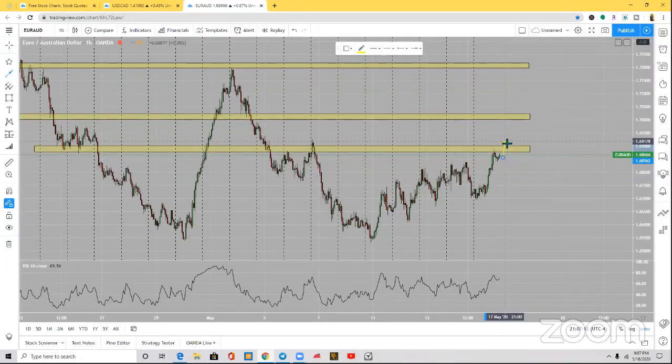Continue going up, break past this resistance, retap it and bounce off it and keep pushing up. Same thing into the next zone. We will see what happens.